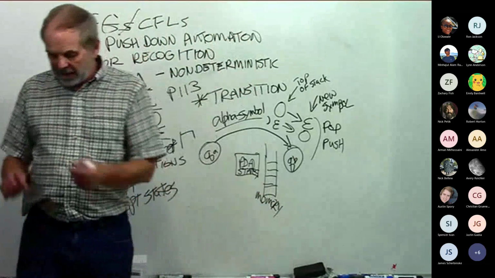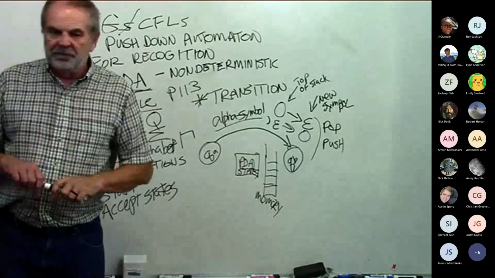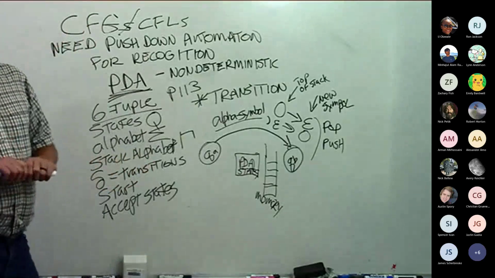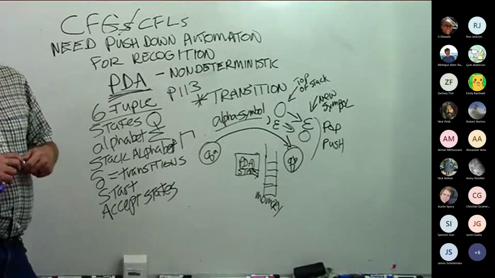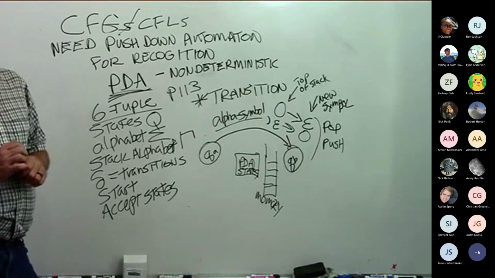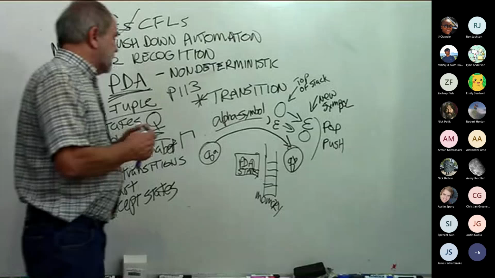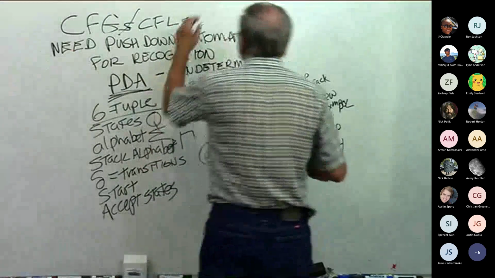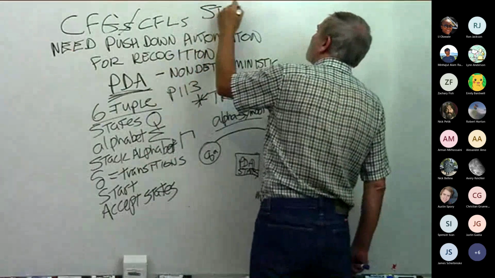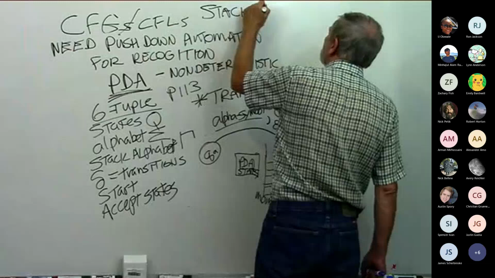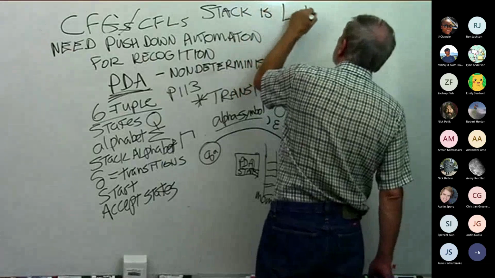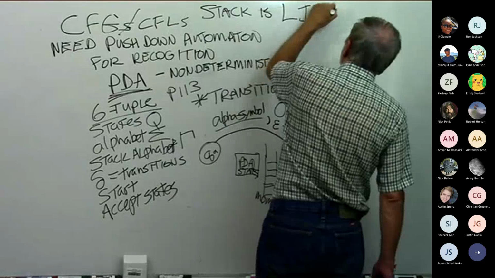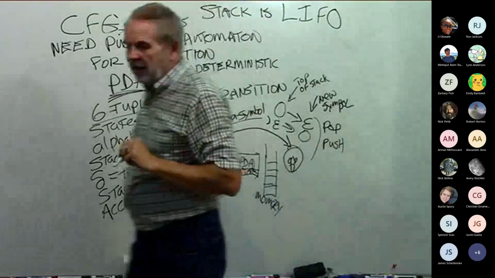Remember, a stack is an abstract data type, and a stack does not allow you random access. A stack only allows sequential access. And remember, it is last in, first out.